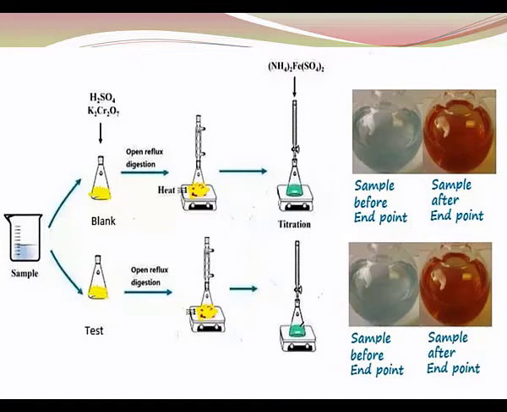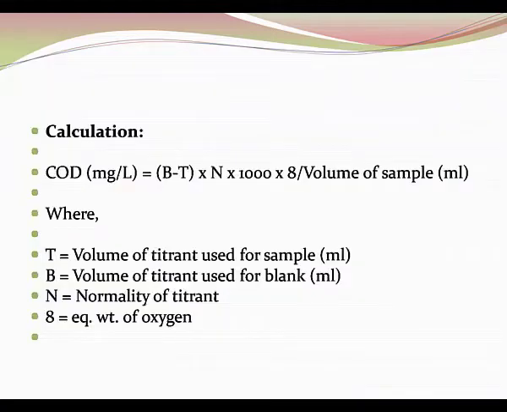The difference in blank and test reading is proportional to the amount of potassium dichromate used during oxidation of organic matter, which is equivalent to the oxygen used for oxidation of the organic matter. COD in milligrams per liter equals (blank minus titrant) into N into 1000 into 8 divided by volume of the sample.